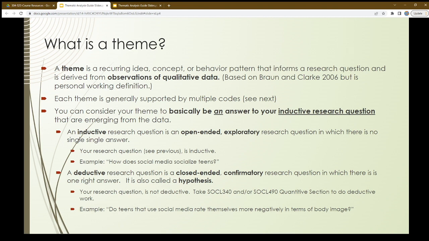That tends to be more closed-ended, specific questions like, do teens that use social media rate themselves more negatively in terms of body image? That's a closed-ended yes-no type question that can be turned into a hypothesis that you could test. But that's also not the type of thing that we're doing within thematic analysis.